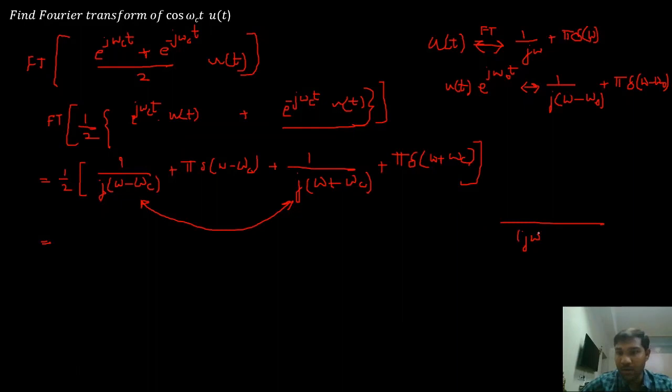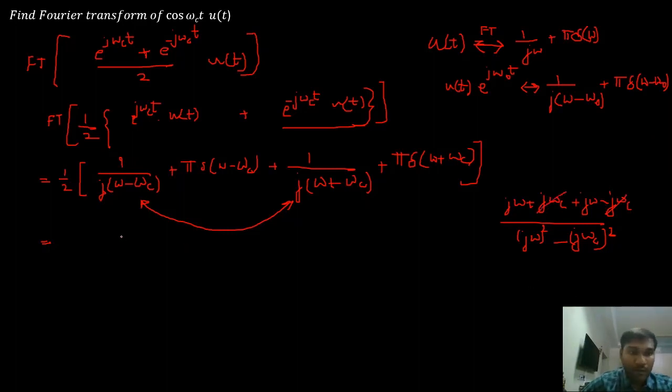That is nothing but j omega whole square minus j omega c whole square. Right, and in the numerator I have j omega plus j omega c plus j omega minus j omega c.